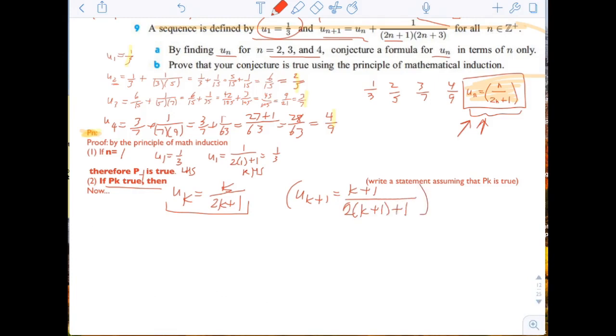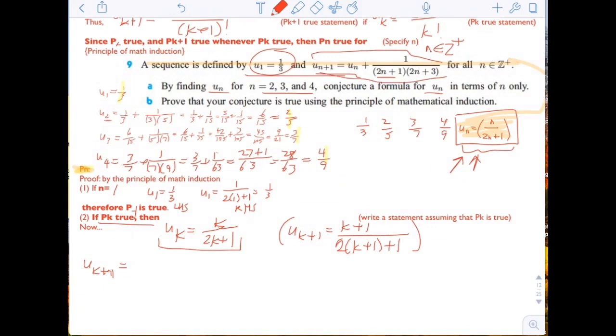The way we do that is we start with the left side, u of n plus 1, and substitute k's in for the n's: 2 of k plus 1 times 2 of k plus 3.